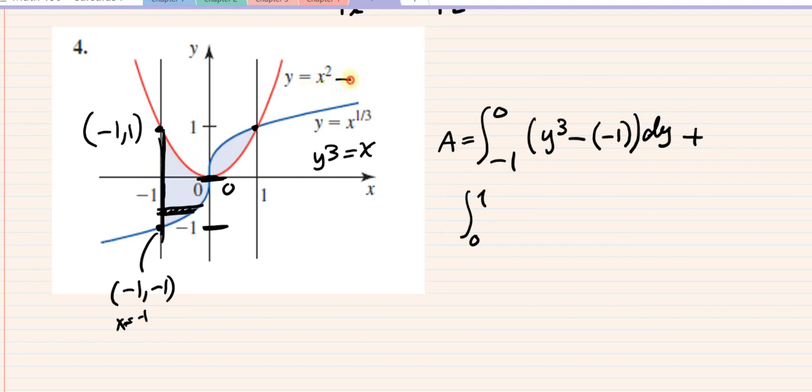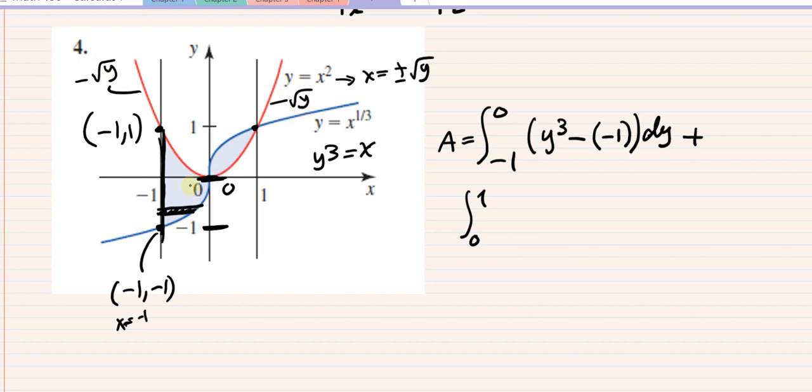If y equals x squared, that means x equals plus or minus root y. The left branch is where x is negative, so that's negative root y. The right branch is positive x, meaning positive root y, because in the first quadrant x is positive, and in the second quadrant x is negative, so negative root y.